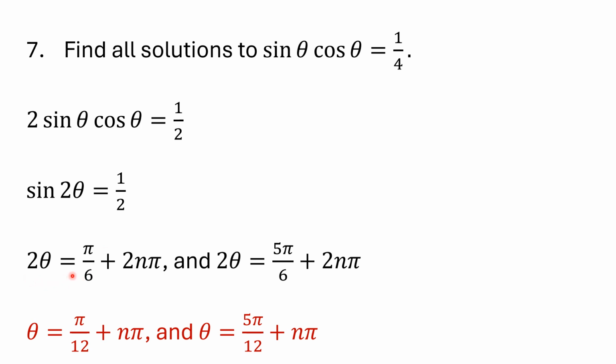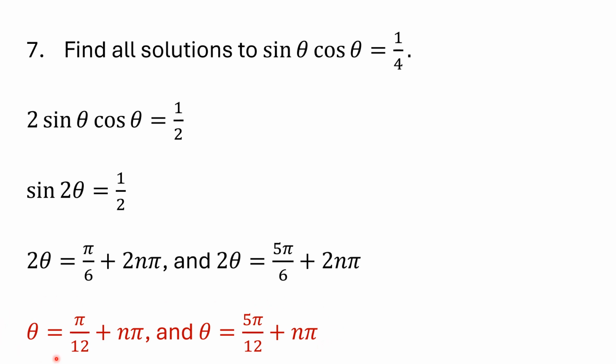So 2 theta is pi over 6 plus 2n pi, and 5 pi over 6 plus 2n pi. So theta, you have to solve 2 theta for theta, is pi over 12 plus half of 2n pi, which is n pi, and 5 pi over 12 plus n pi.